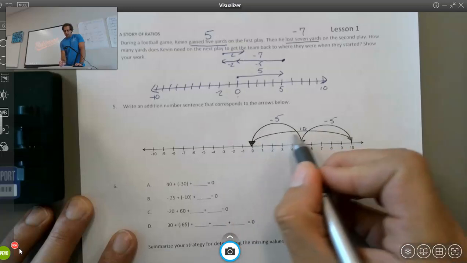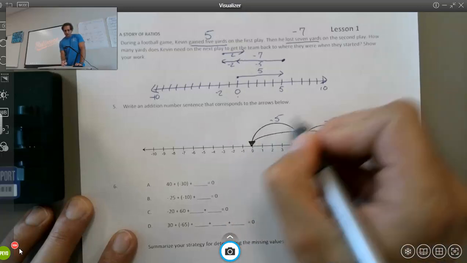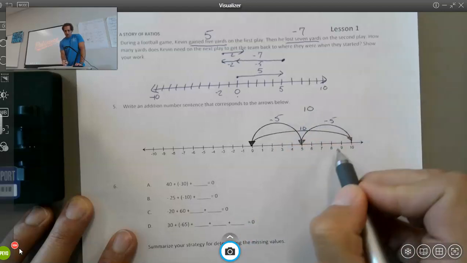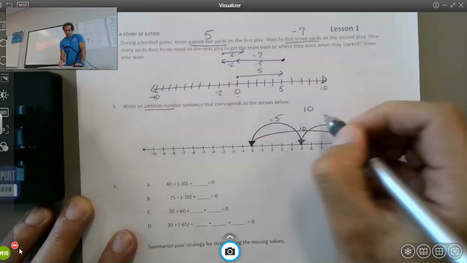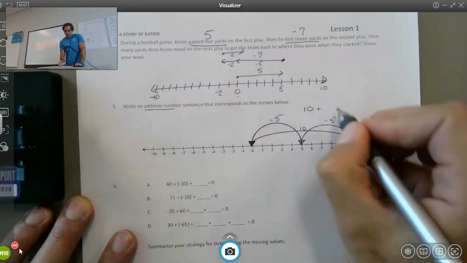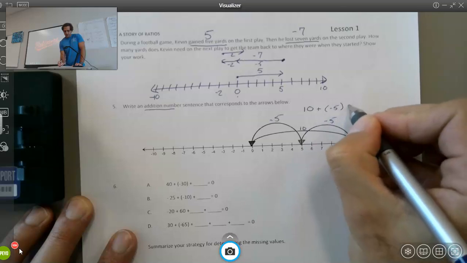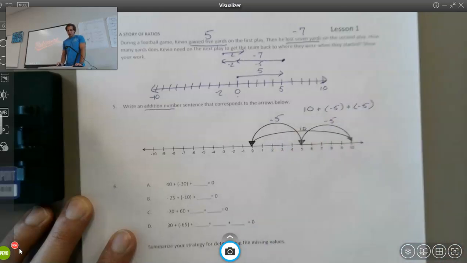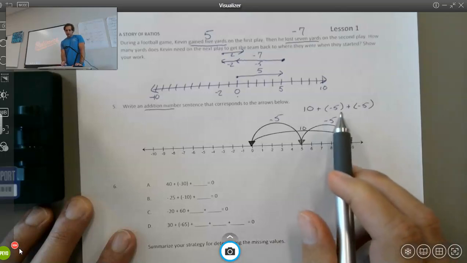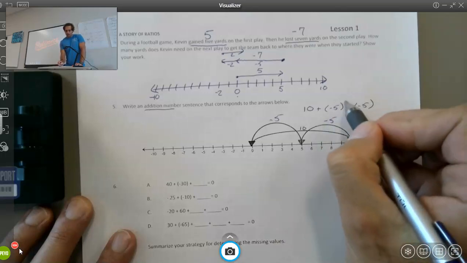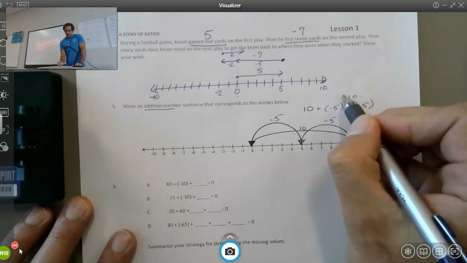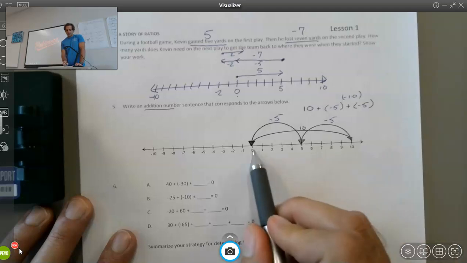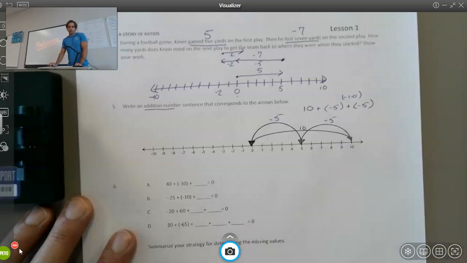So my first move here is 10 to the right, so my number sentence is going to be 10, and it is an addition number sentence, so plus a -5 and plus another -5. And -5 and -5, we know that that makes -10. So 10 and -10 are additive inverses, they're opposites, and as you see, we end up back at 0.